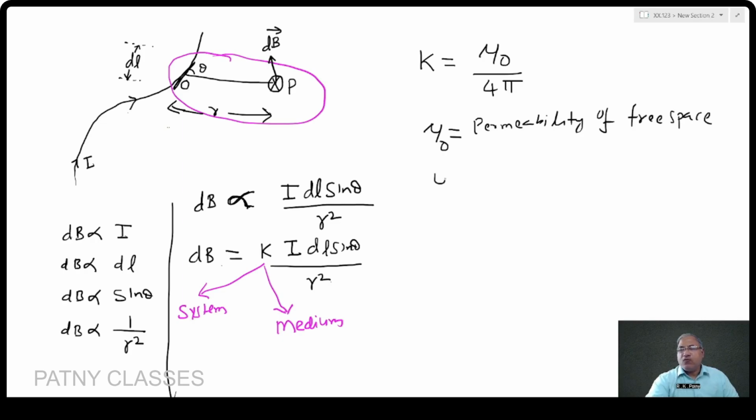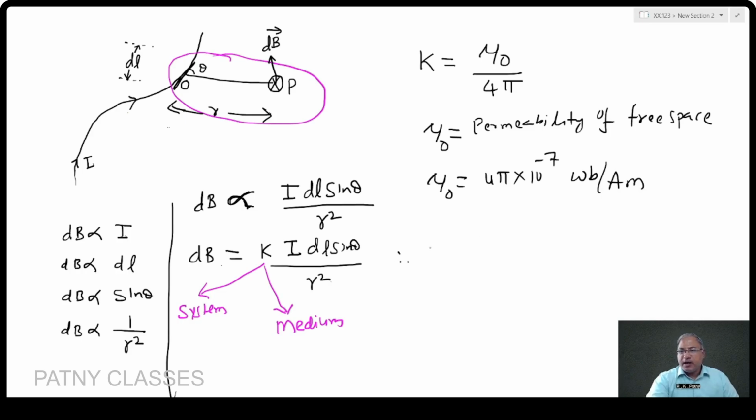And the value of mu naught is 4 pi into 10 raised to minus 7 Weber per ampere meter. That is in the SI system.